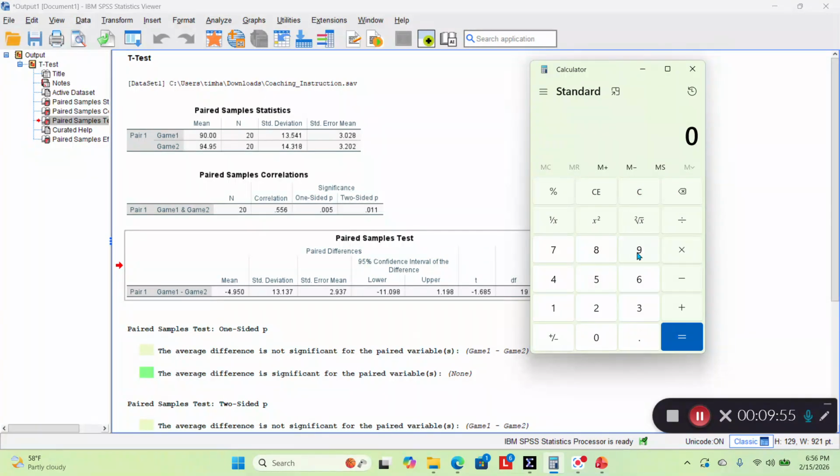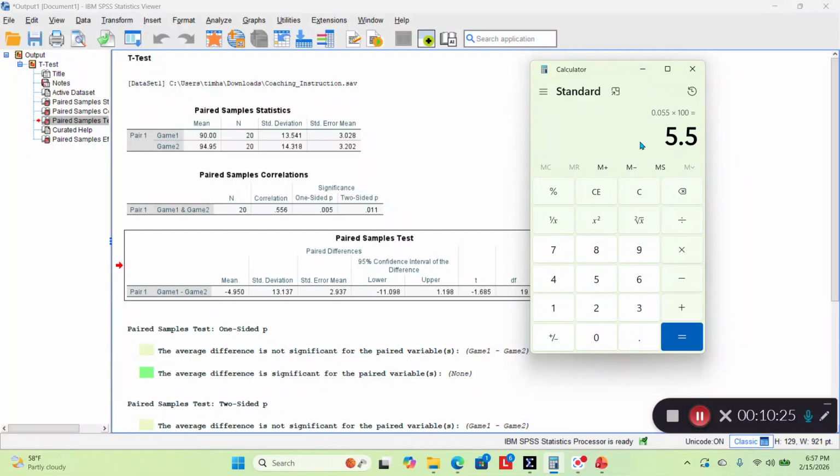Let me make sure I did that. So 94.95 minus 90. Okay. And then we're going to divide that by the pre, which is 90. Okay, so we get 0.055, and then we're going to multiply that number times 100.